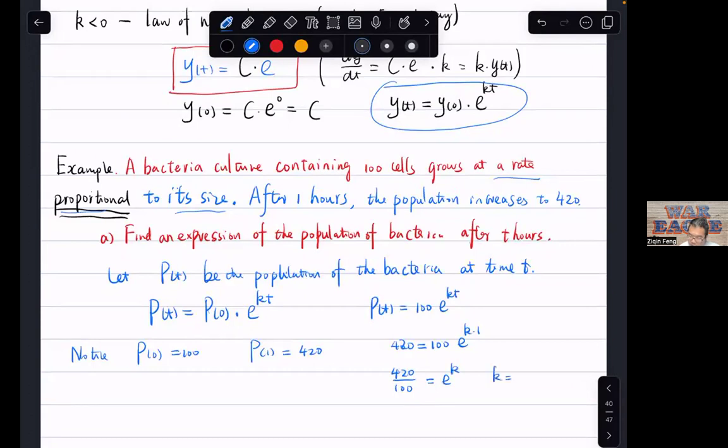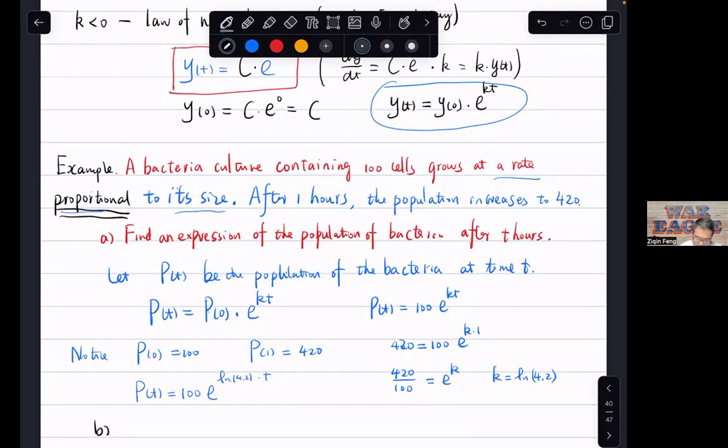So k here is natural log of 4.2, right? So our population function P of t equals 100 e to the power natural log of 4.2 times t, right? So that's what we get for the population function.